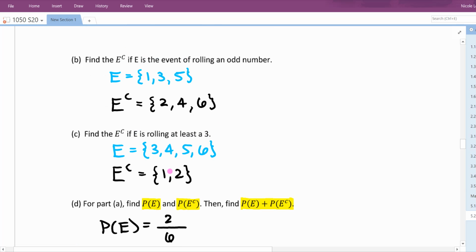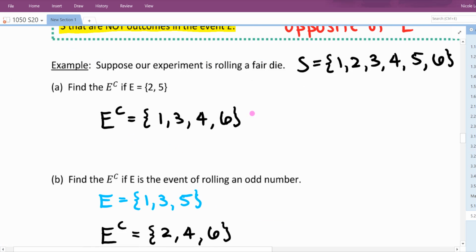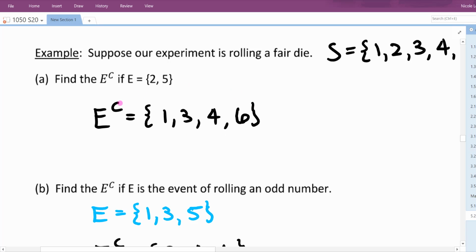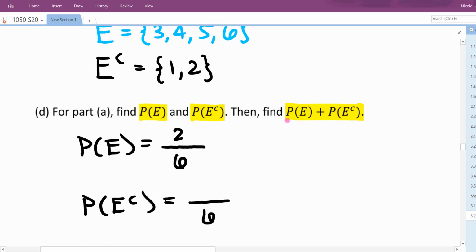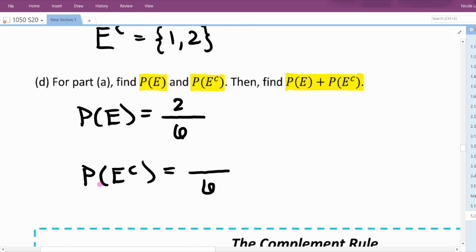Here's the complement that we came up with, and notice we had 4 outcomes in our complement. So since we have 4 outcomes in the complement, the probability of the complement would be 4 out of 6.